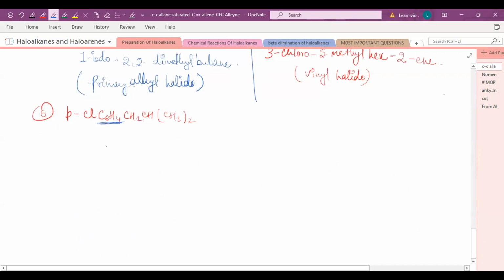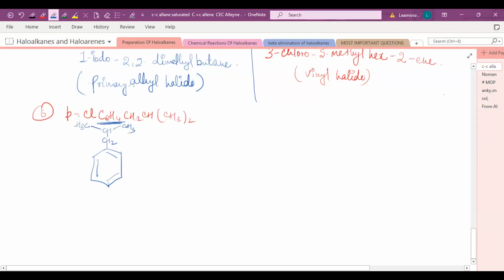C6H4 basically shows the benzene ring. Draw the benzene ring first. Now on the para position, C6H4, and here to this carbon, suppose this is your CH2 attached. CH2, CH, and on the CH there are two substituents, CH3 and CH3.